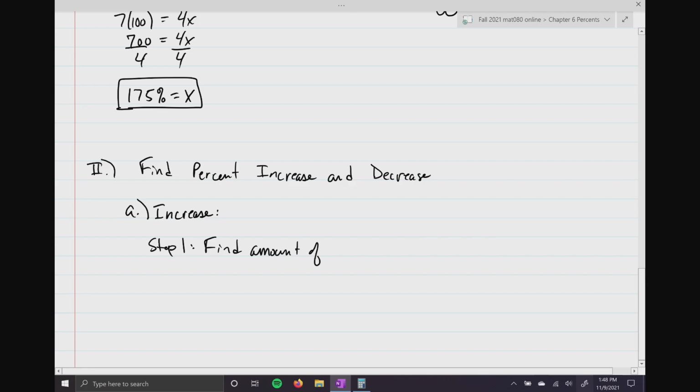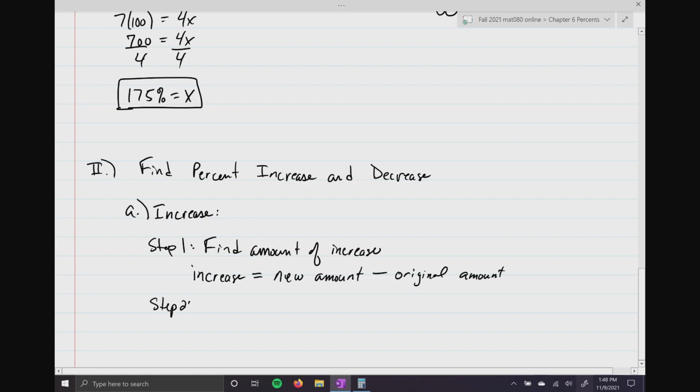To do this, your increase is going to equal the new amount minus the original amount. Okay?